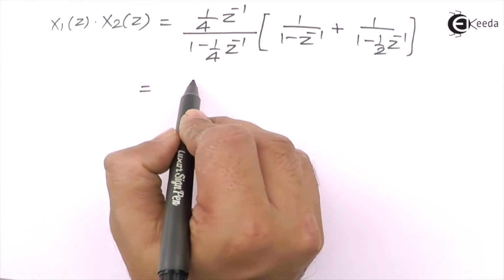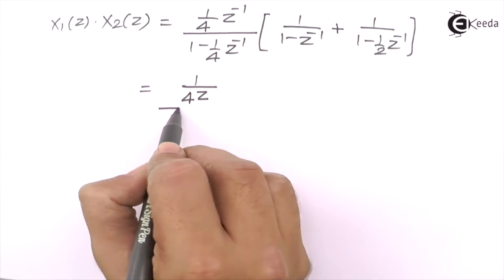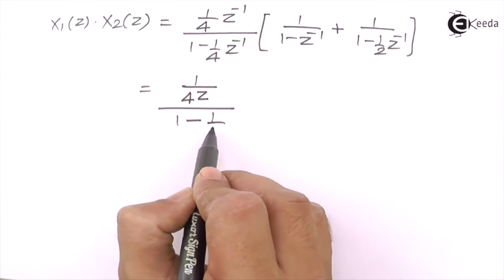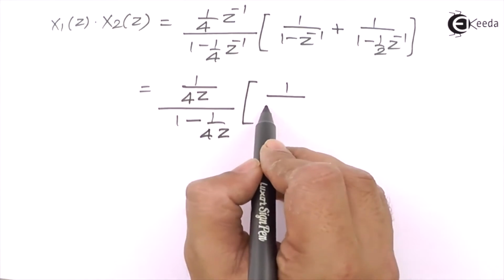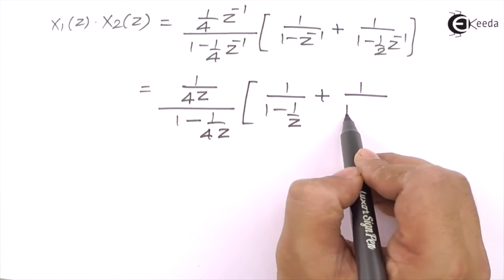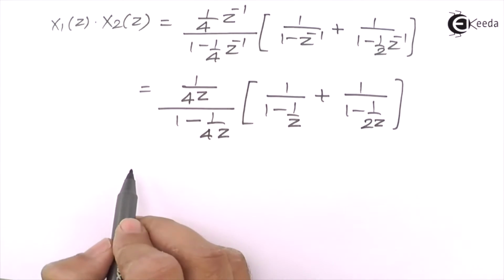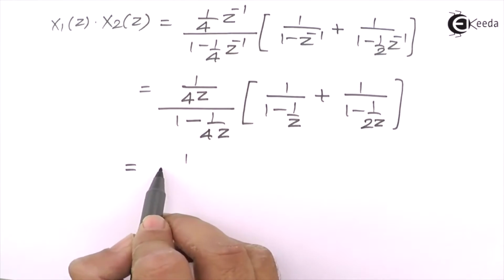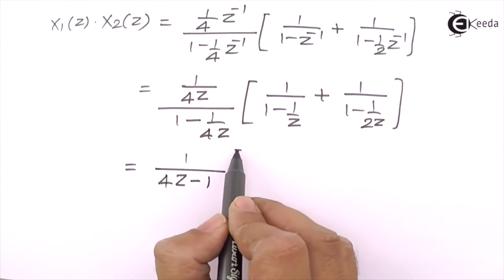Means what? I'll write over here 1/(4z), here 1 - 1/(4z), here 1/(1 - 1/z) plus 1/(1 - 1/(2z)). Rest of things are just a simplification, so I will quickly do it. So I will get this.